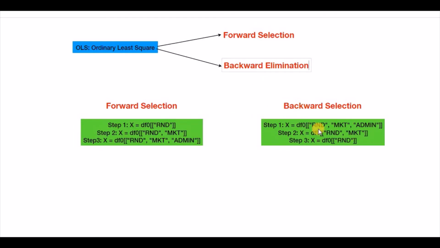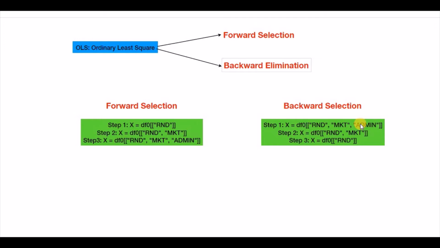Now we will move to backward selection. In backward selection, I am taking all the columns in one go, and then I will drop one column at a time on the basis of the adjusted r square and r square, and also I will check the p value, right?